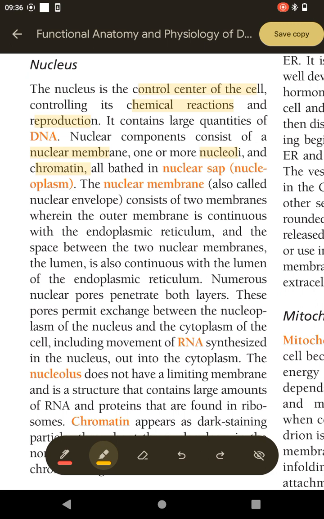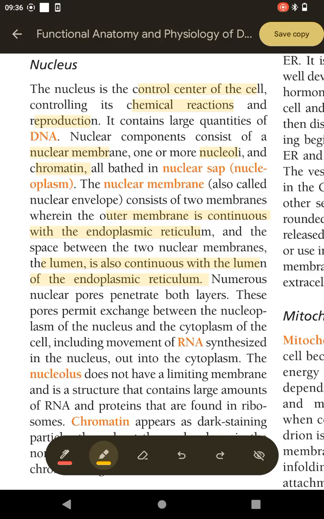The outer membrane is continuous with the endoplasmic reticulum, and the space between the two membranes of the nuclear envelope, the lumen, is also continuous with the endoplasmic reticulum.